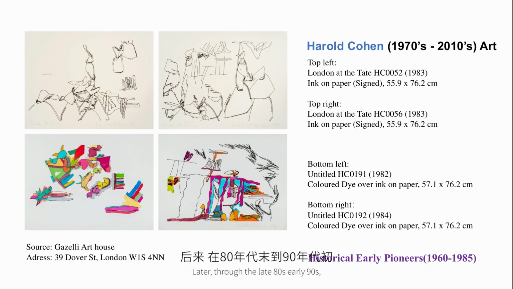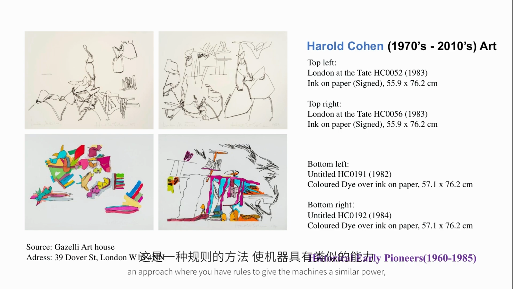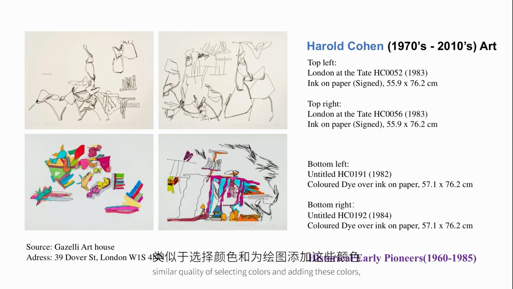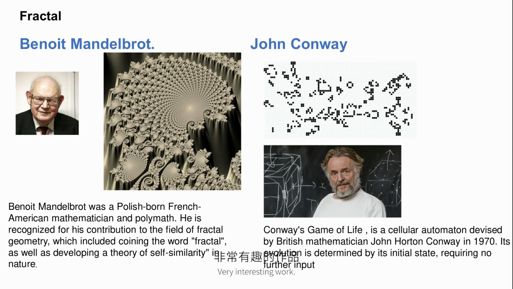Later, through the late 80s, early 90s, Harold Cohen will figure out a symbolic AI approach, an approach where you have rules to give the machines a similar power, a similar quality of selecting colors and adding these colors, these paint to the drawings that the machines can produce. Very interesting work. I recommend looking at his work in more details. There are books published about his career.